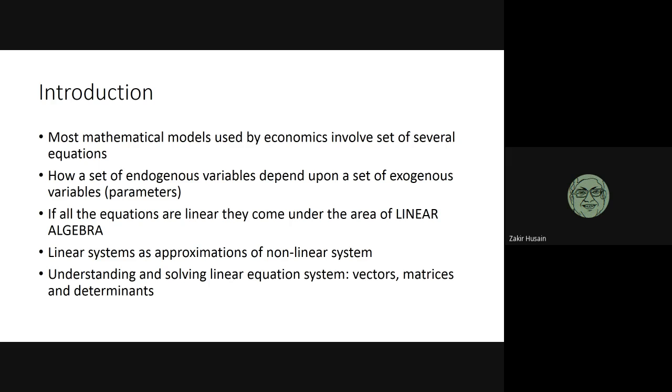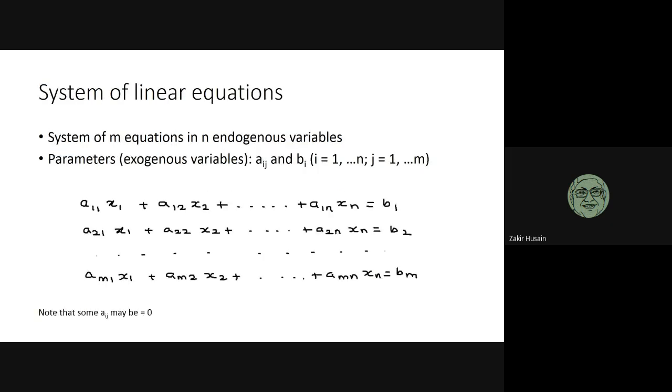When we study linear equation systems, they come under the heading of linear algebra. In order to understand and solve the linear equation system, we require the concepts of vectors, matrices, and determinants. Now, all of you know what these are, but still we'll have to go through them.